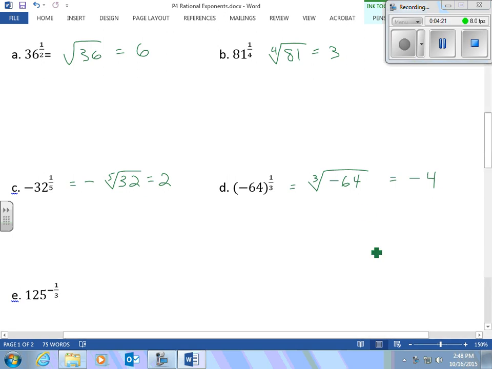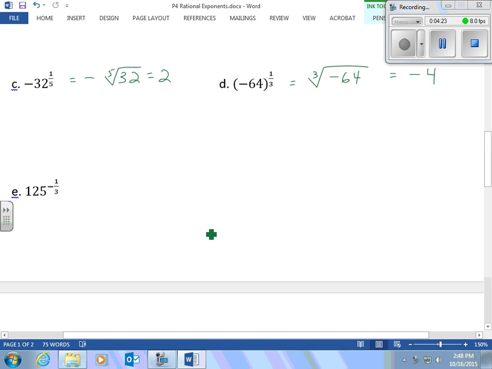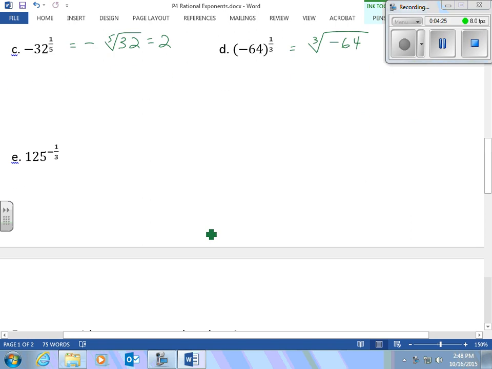And E, we've got the negative exponent. So this will give us 1 over 125 to the 1/3, which will give us 1 over the cubed root of 125, which gives us 1 over 5.